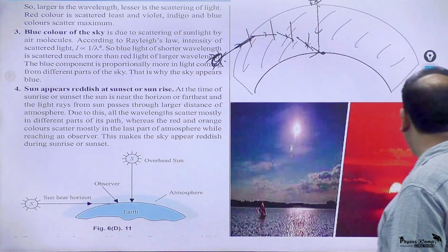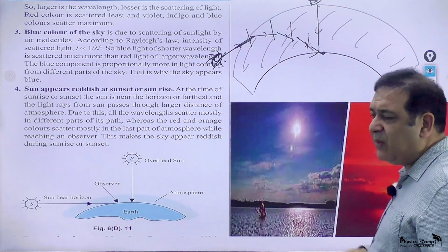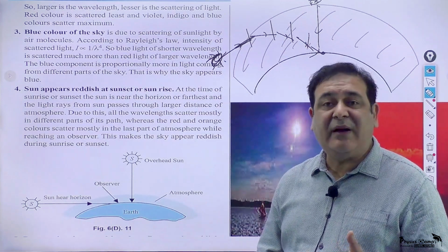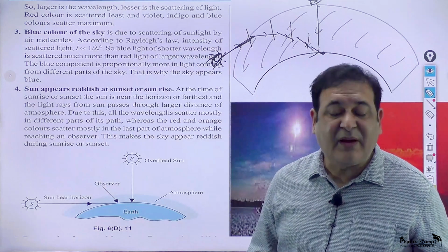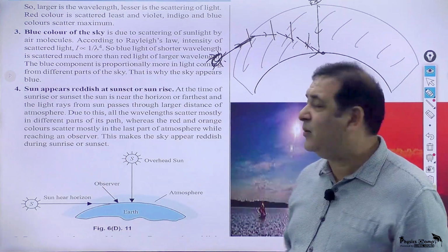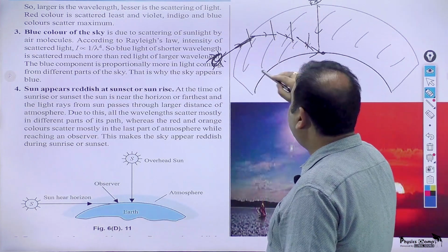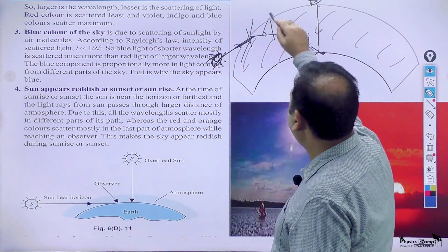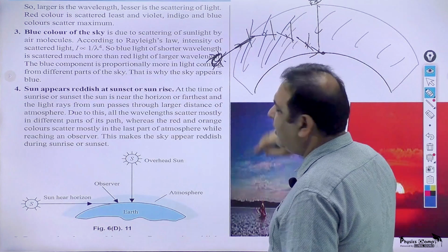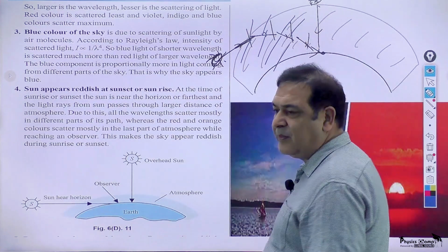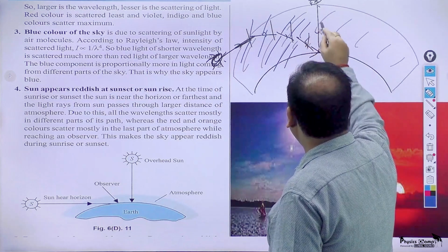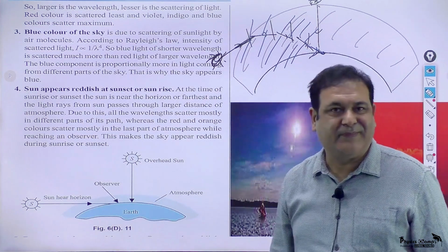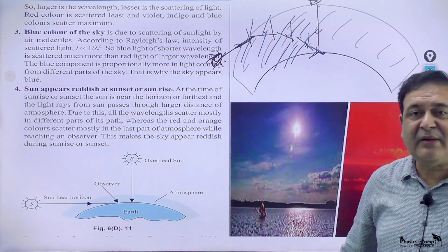So what happened is that scattering of all those different colors takes place one by one till the time the sun rays reach you. It may be that the sun ray which is received by you had first lost its violet color, then scattering of indigo color, then scattering of blue color, then scattering of green color, then orange color, then it may be the red color which is finally reaching you, because the scattering of red color is the least.